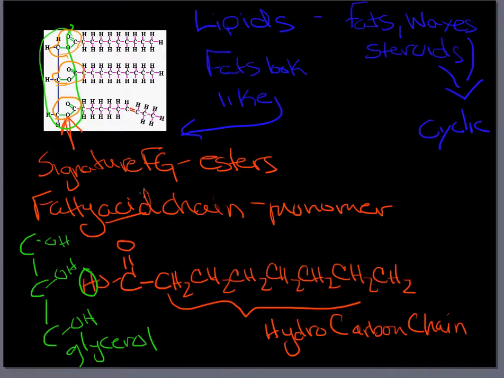And that's basically some general information about our lipids and our general way that we make them. I want to clear the screen here, but I don't want to get rid of everything, but I think I'm going to have to.